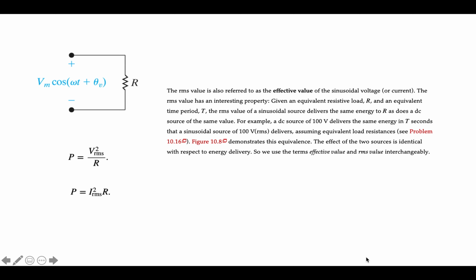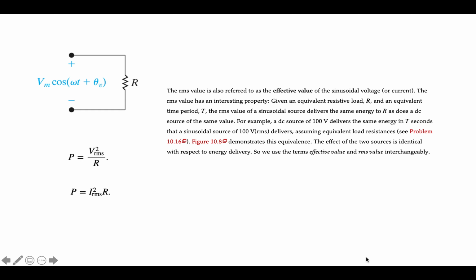So basically, the RMS voltage and the current are the equivalent of, quote unquote, DC. In other words, we were told that the RMS voltage delivers the same energy over time that a sinusoidal source of the original magnitude of the voltage would deliver.